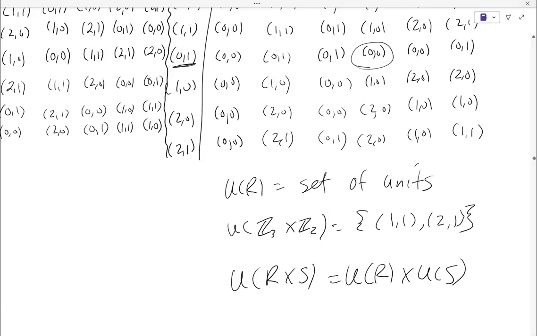Direct products are fun things to play with when you're looking for zero divisors in particular. Because I just mentioned a little bit ago, direct products can never be integral domains. They're always going to have zero divisors, as long as you aren't dealing with trivial rings, which are not very interesting anyway.